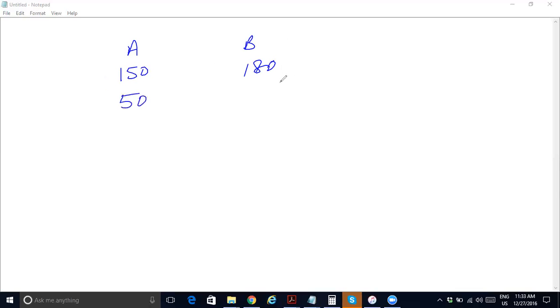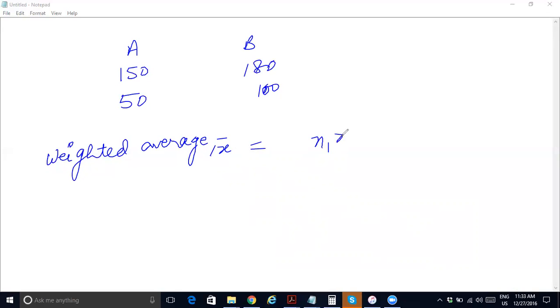And there are 50 students in section A and 100 students in section B. The formula to calculate the overall weighted average is represented as X bar equals N1 X1 plus N2 X2 divided by N1 plus N2. That is what you have figured out. 150 into 50 plus 180 into 100 divided by 150.